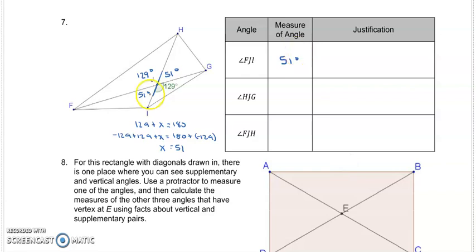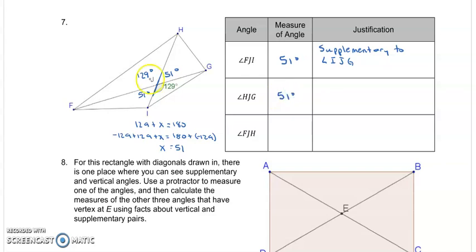And since that's my very first one, I'm going to say it's because it's supplementary to angle IJG, because according to the table, I don't know this one yet. And then I have angle HJG. That's the next one it's asking me for.